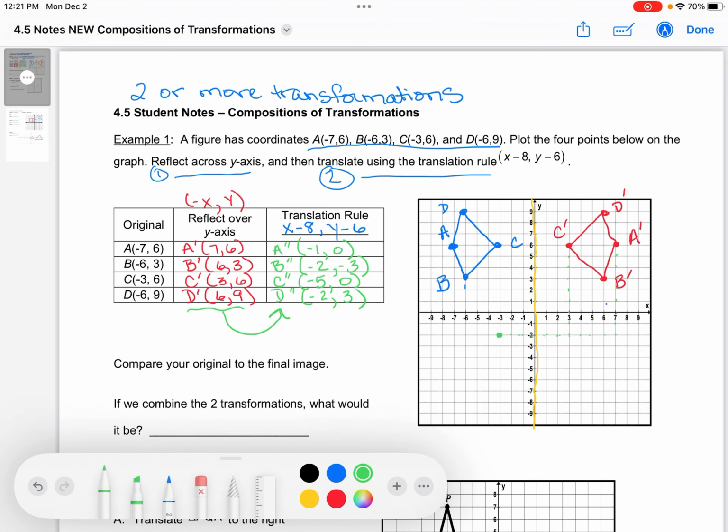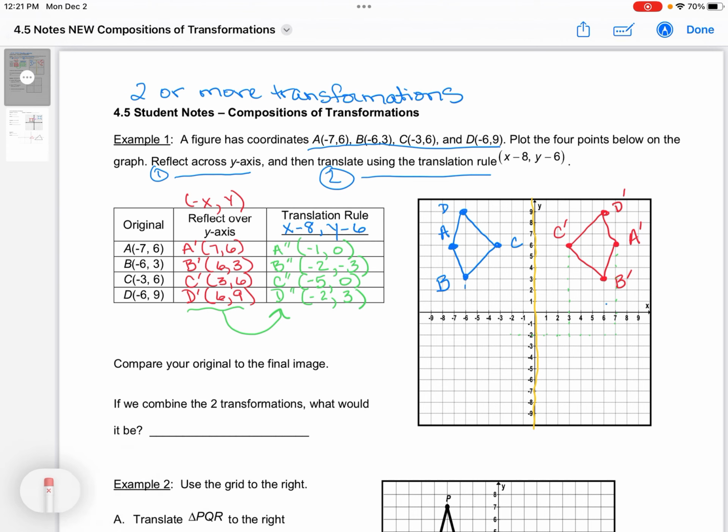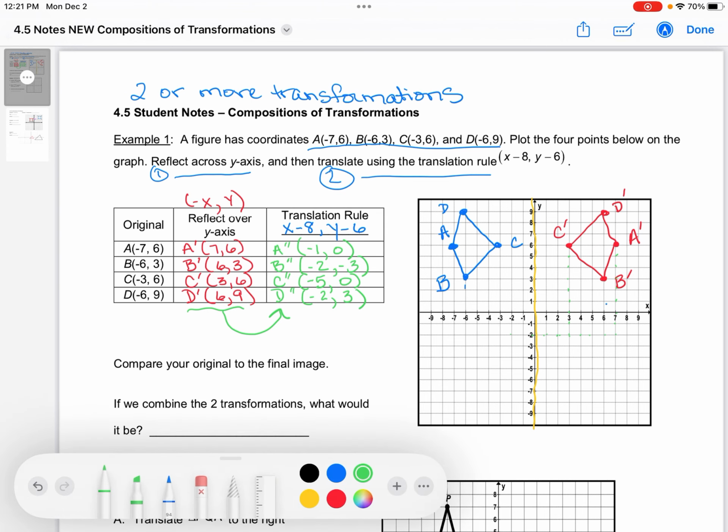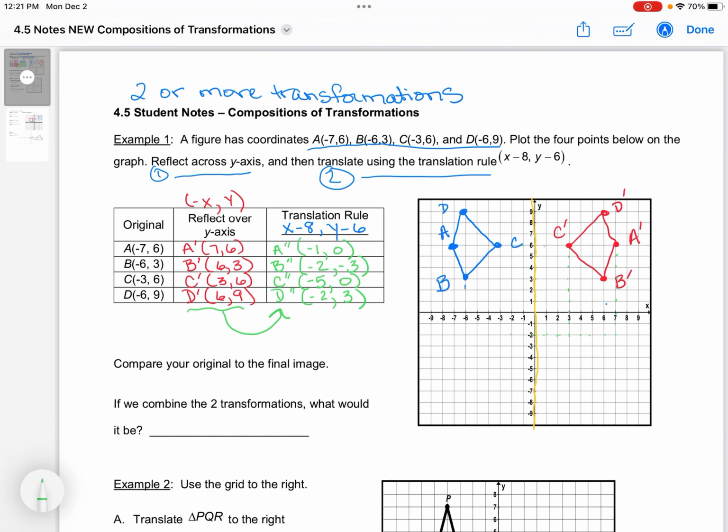Oh, because I'm doing it the wrong way. You guys help me out here. My numbers are right. My counting isn't right. So if I'm going over, let's try that again for C. I'm going 1, 2, 3, 4, 5, 6, 7, 8. 1, 2, 3, 4, 5, 6. Oh my gosh. All right.